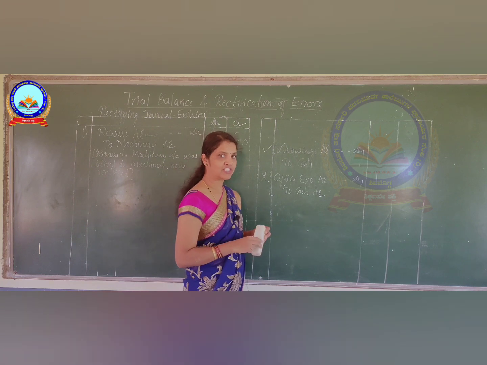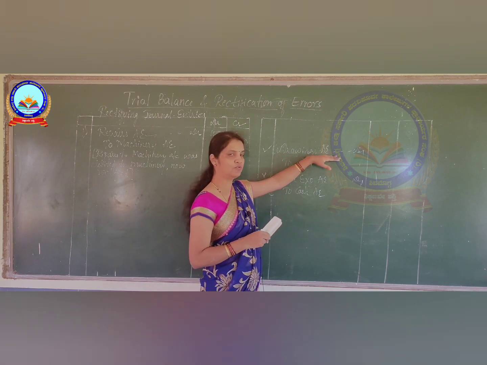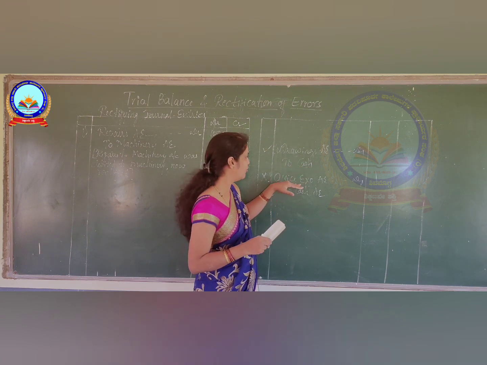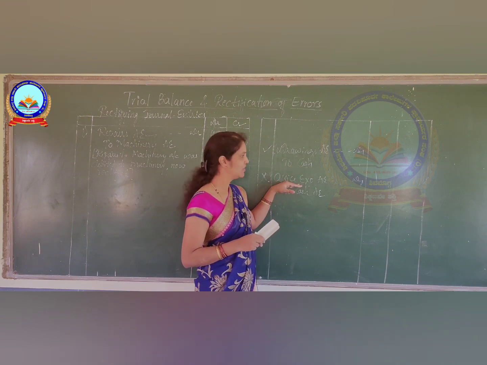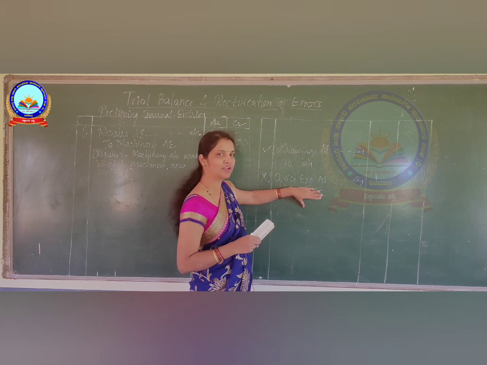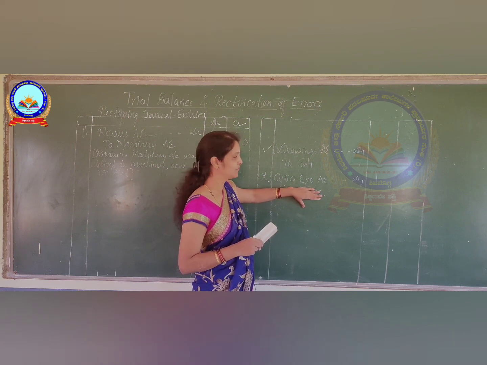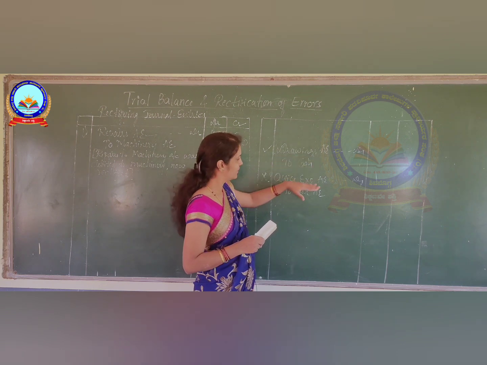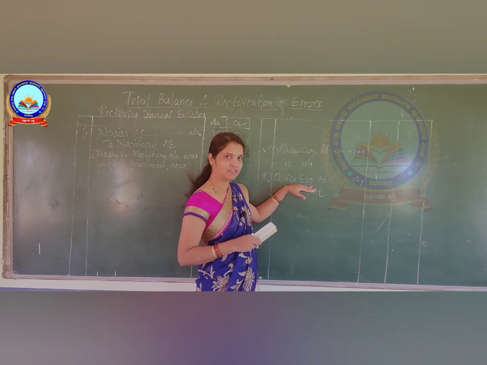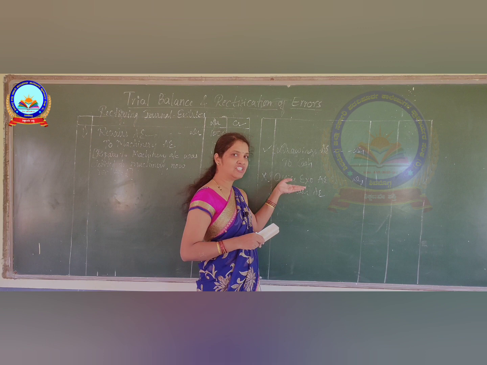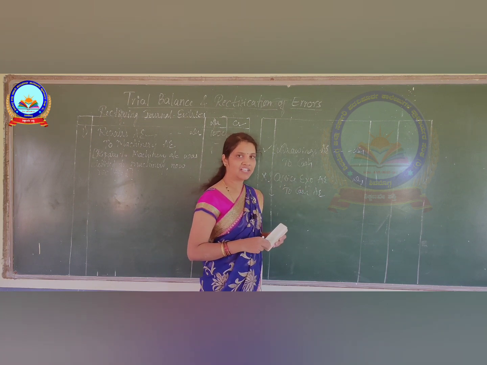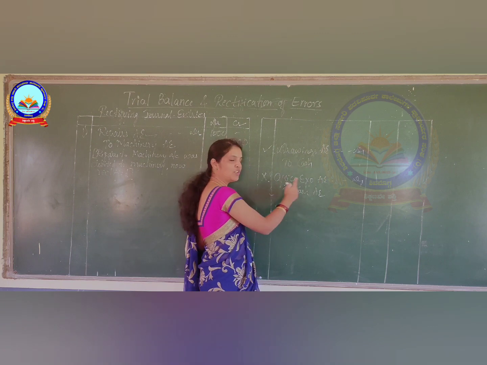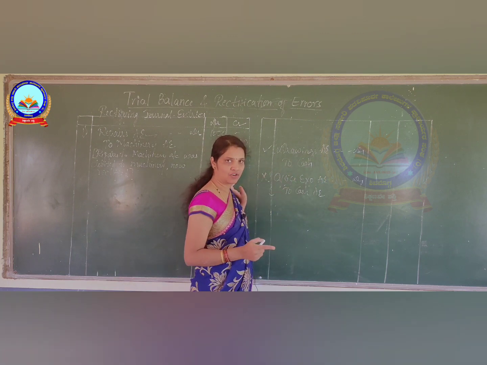The actual entry should be drawings account debtor to cash, but he debited office expenses account. So there is no error in the cash account, leave it. Now the actual debit is to be debited. The debit which is wrong is to be credited. Then the rectifying entry is drawings account debtor to office expenses account.